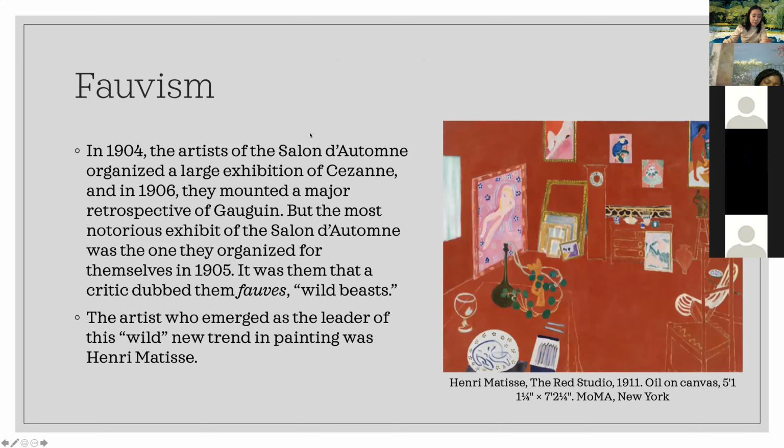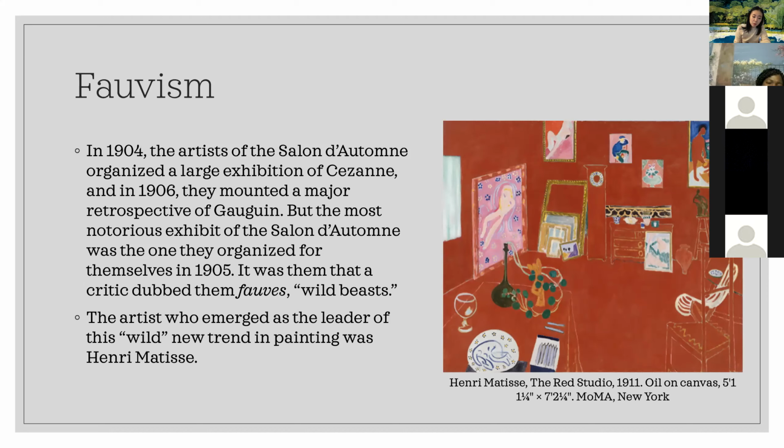So the first art movement is Fauvism. In 1904, the artists of the Salon d'Automne organized a large exhibition of Cézanne, who is the father of the modern art. And in 1906, they mounted a major retrospective of Gauguin.